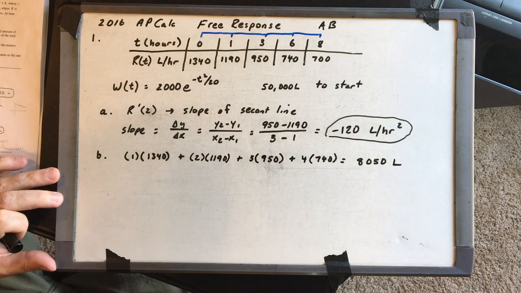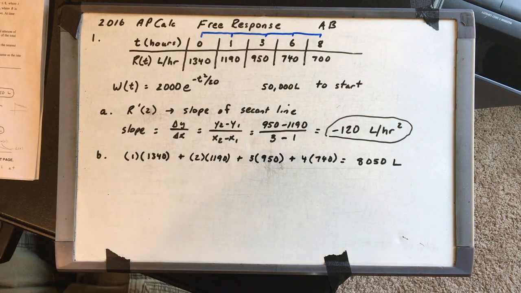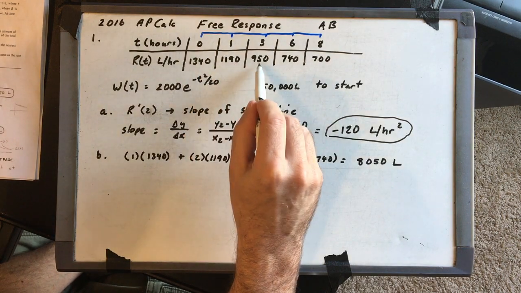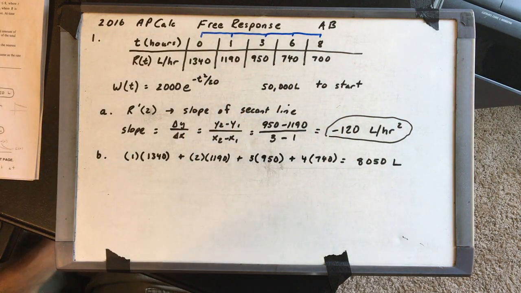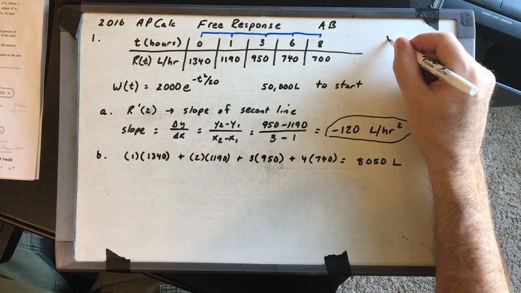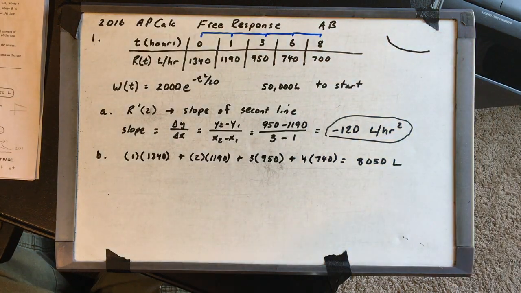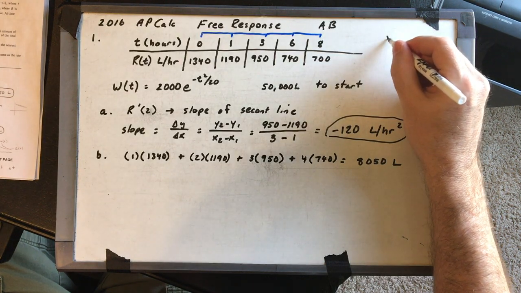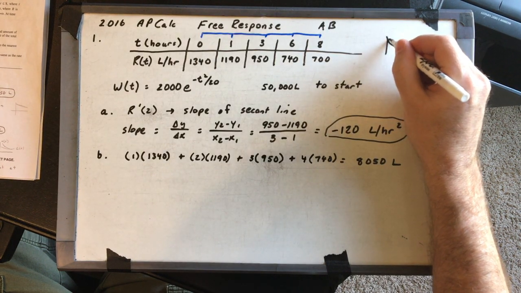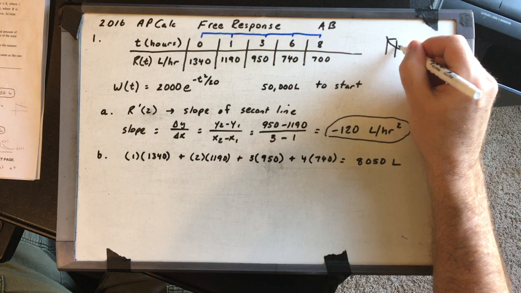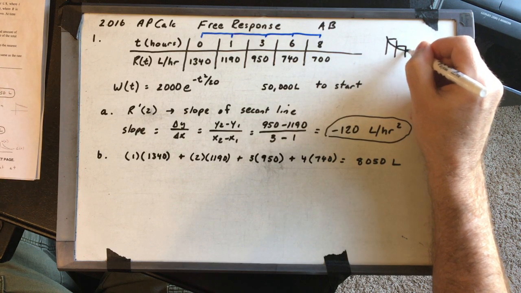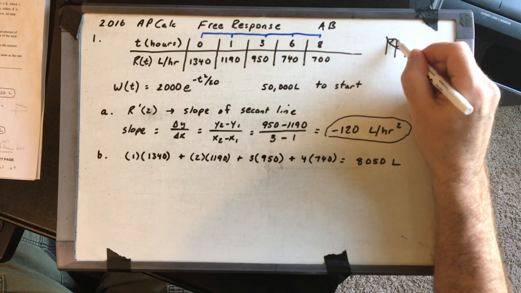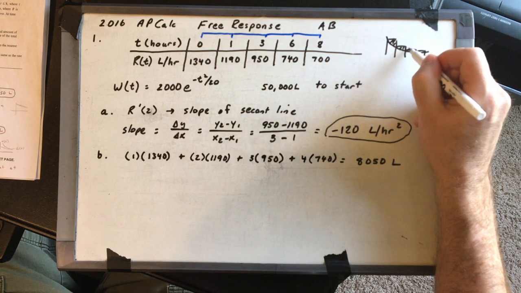Now, this is going to be an overestimate because this is a falling function. All right, 1340, 1190, 950, 740, 700. If you were to graph this, it would look like that. Okay, so a left Riemann sum always overestimates a falling function. You've got that excess material in that rectangle.